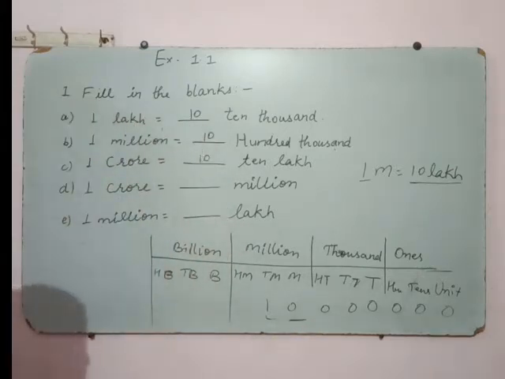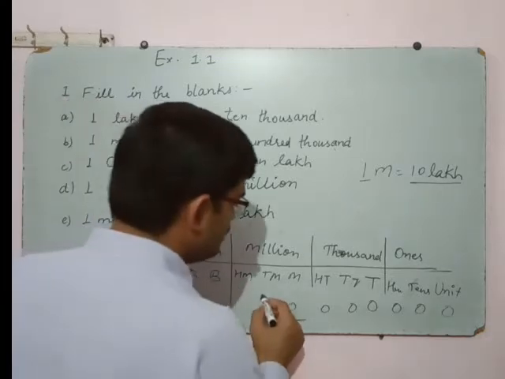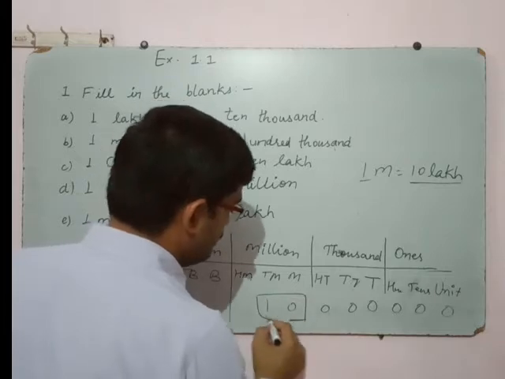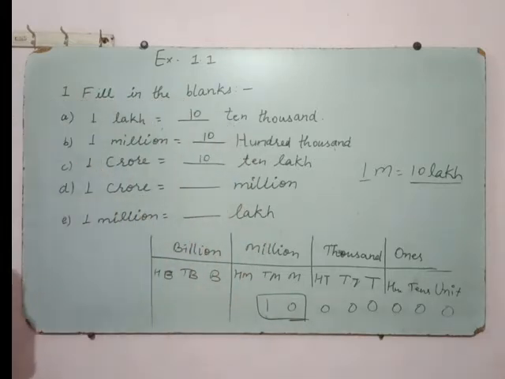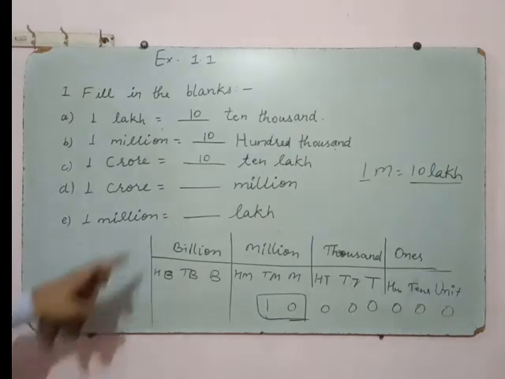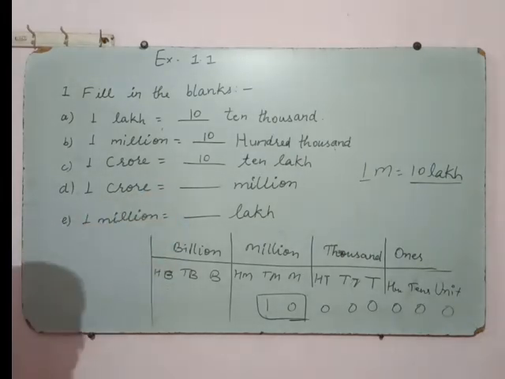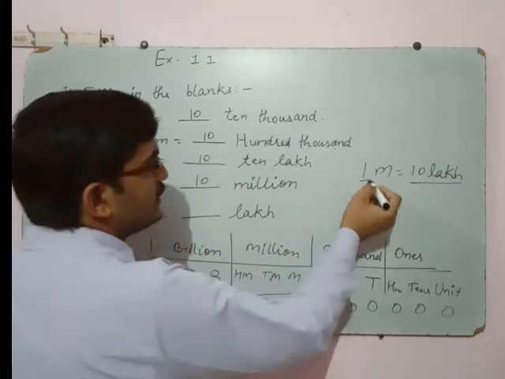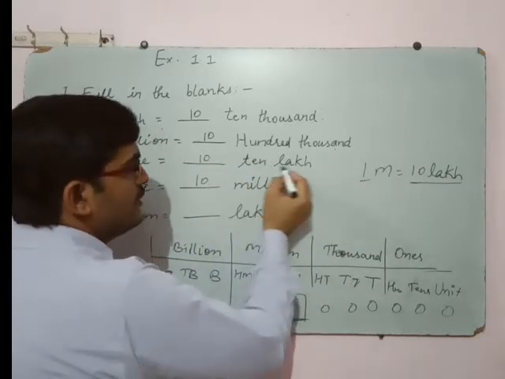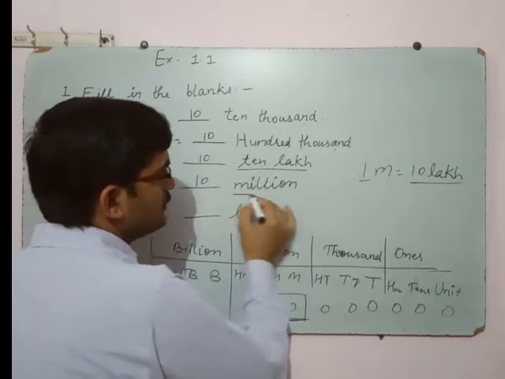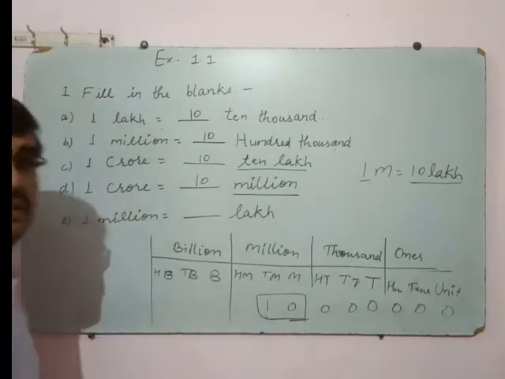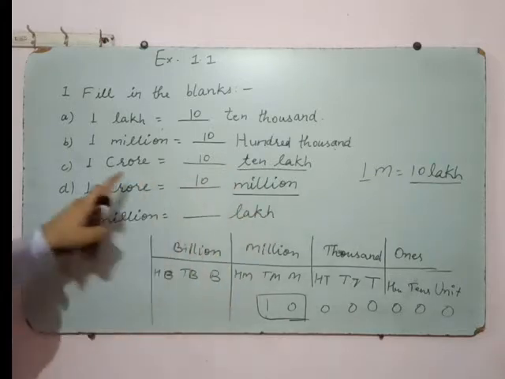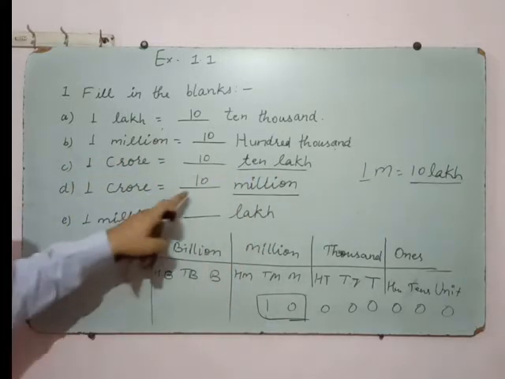How many millions are there? 10 millions. 10 millions make 1 crore. 10 lakh equal to 1 million. यहाँ भी same thing है. This is the same thing. 10 lakh equal to 1 million. So 1 crore में 10 lakh होंगे और 10 million होंगे.